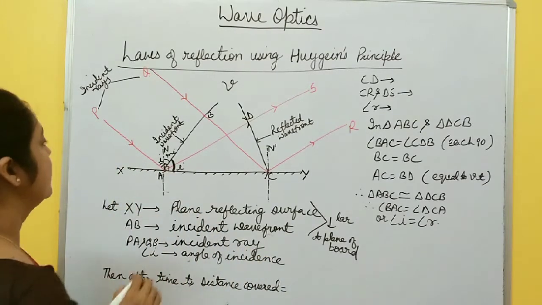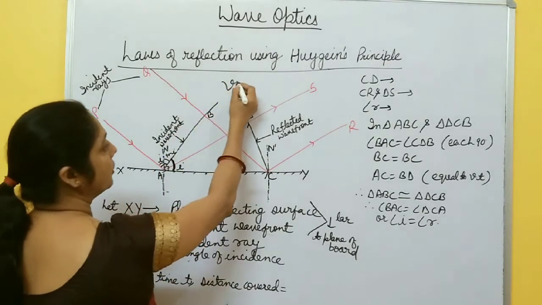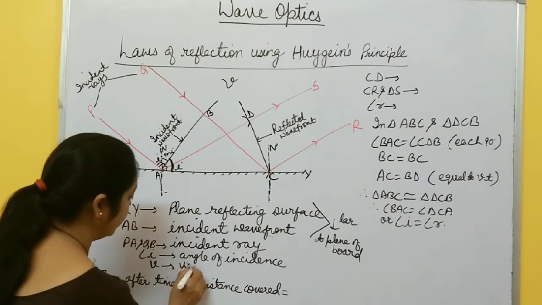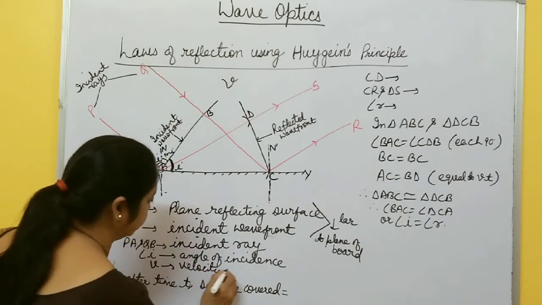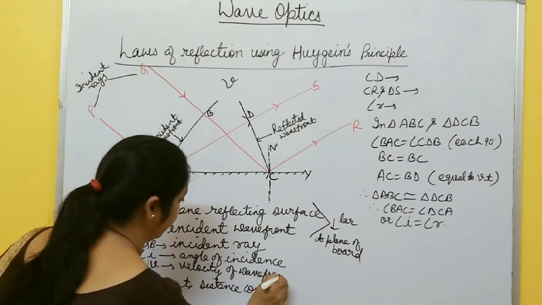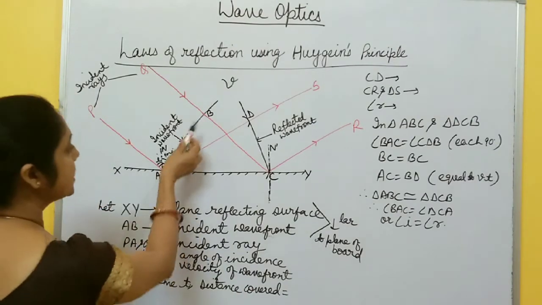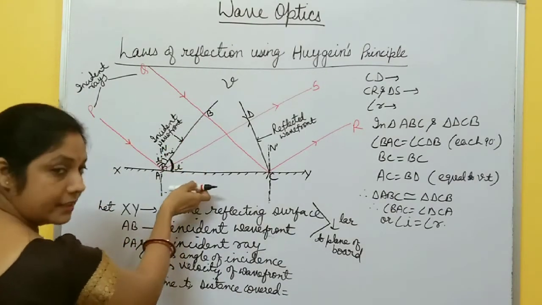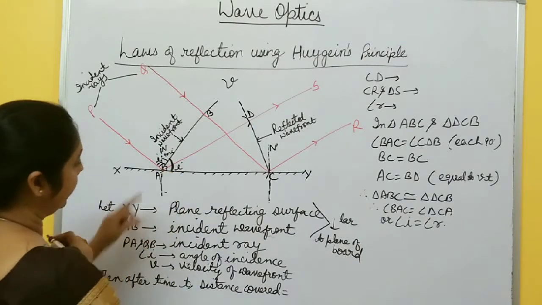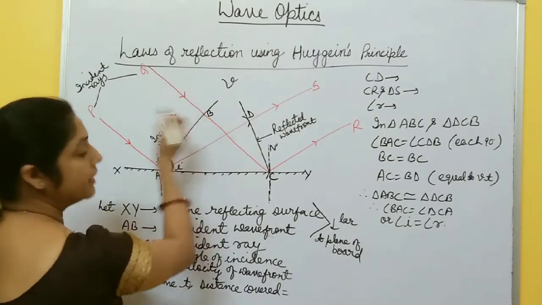Now suppose this incident wavefront AB is moving with velocity v in this medium. v is the velocity of the wavefront. Now, according to Huygens' principle, this incident wavefront strikes the reflecting surface. First, part A strikes the reflecting surface; at that time, point B is here.